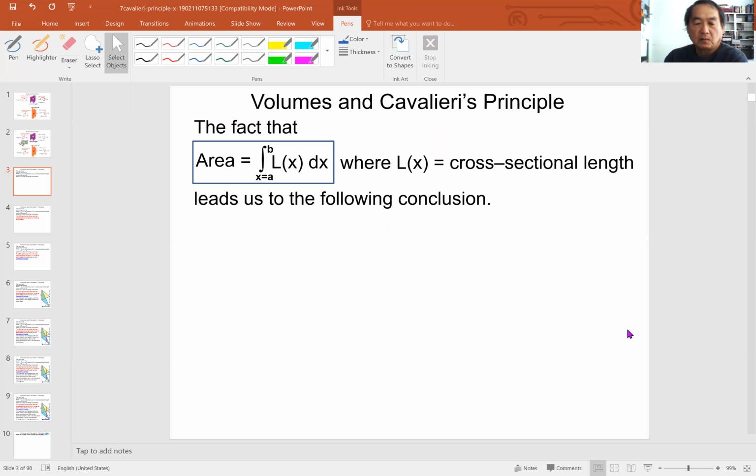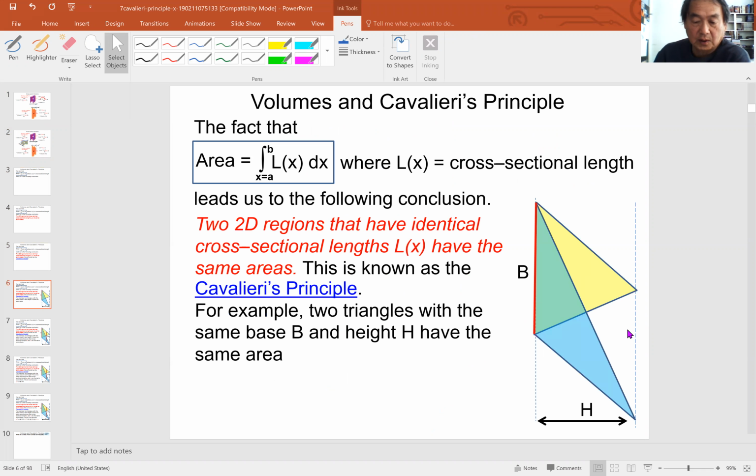So we start out with areas, the integral of the cross-sectional length. The simplest case is two triangles.